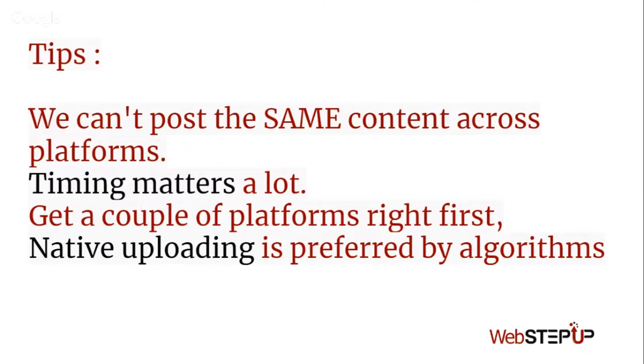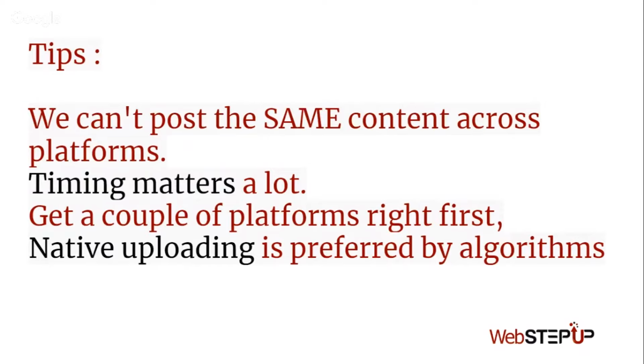Third thing is to get a couple of platforms right. Hootsuite has a forever free plan which allows you to use the tool for two platforms, and that is actually an ideal number of platforms to get right when you're just starting off your activities on social media, because it consumes a lot of your bandwidth practically to do well across the platform.